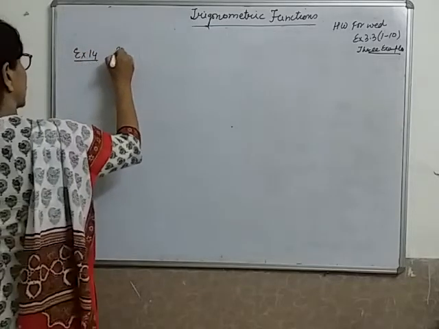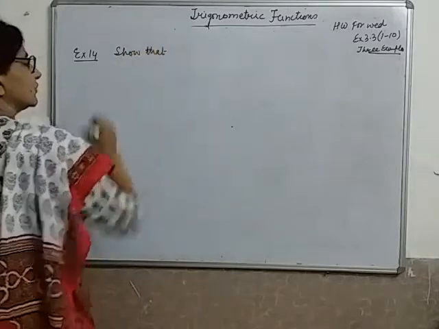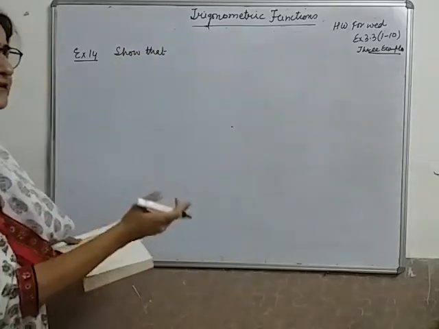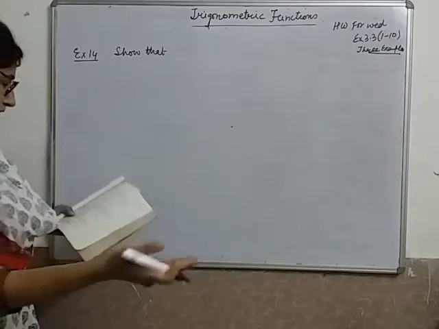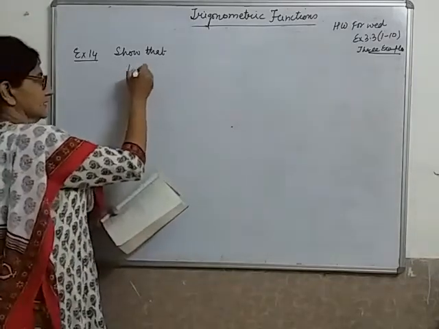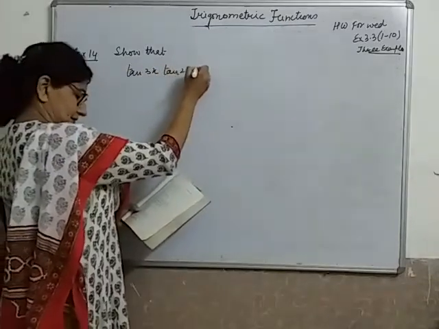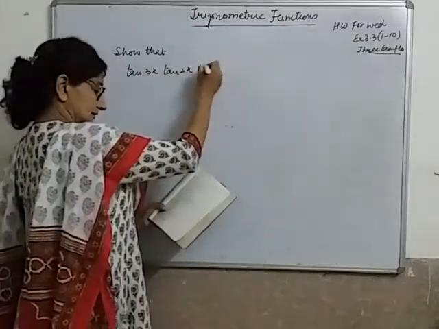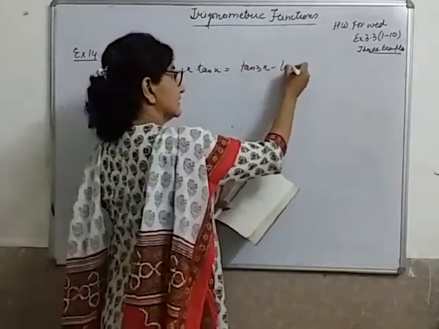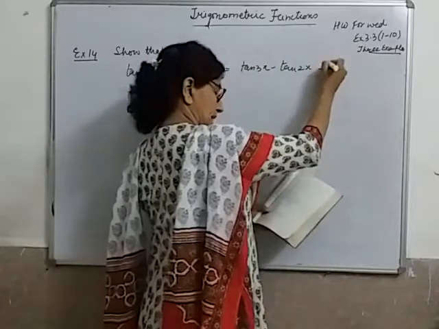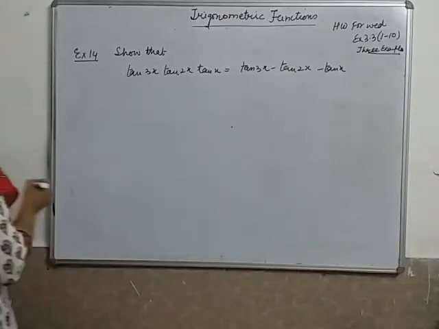He says show that, you have the same question in your exercise in terms of cot. He has taken it in terms of tangent in the example and in terms of cotangent in the exercise. Tangent 3x tangent 2x tangent x is equal to tangent 3x minus tangent 2x minus tangent x. Okay, right? This is what we have to prove.